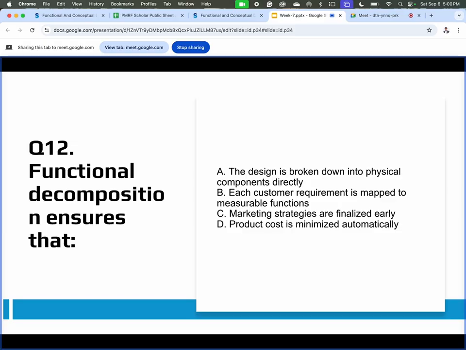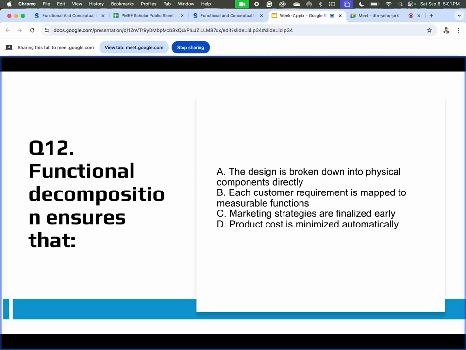By decomposing systematically, designers ensure no requirement is left vague. Each customer demand is explicitly tied to one or more sub-functions. This alignment improves traceability, allowing teams to check whether all needs are being met.